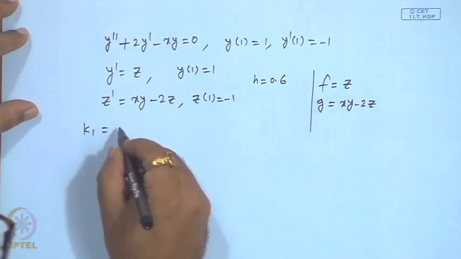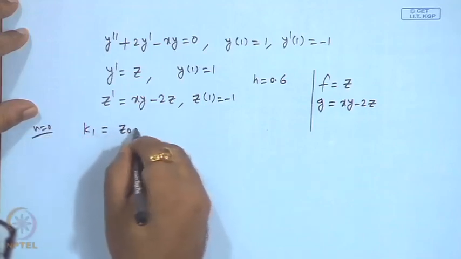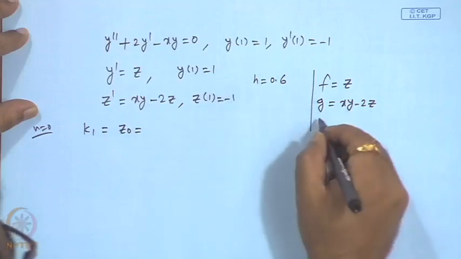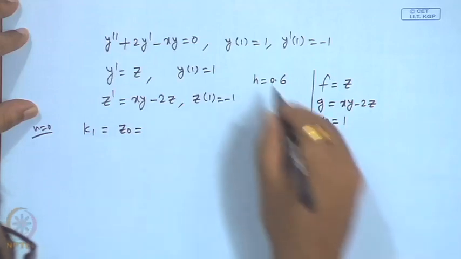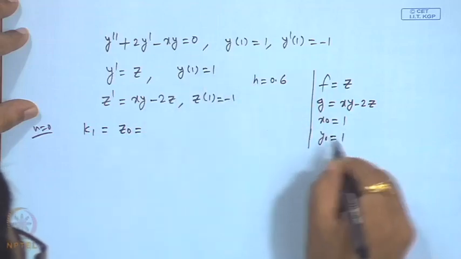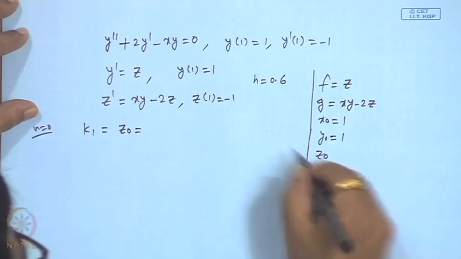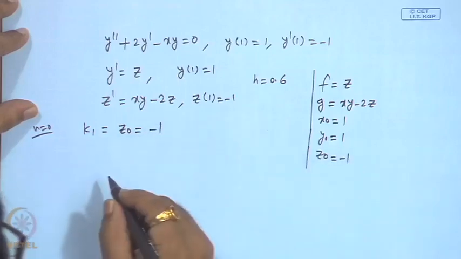Okay. So, now n equals 0, k 1 is z 0, so x 0 is 1, y 0 is 1, z 0 is minus 1. So, this is minus 1.